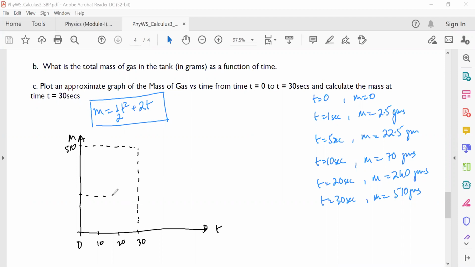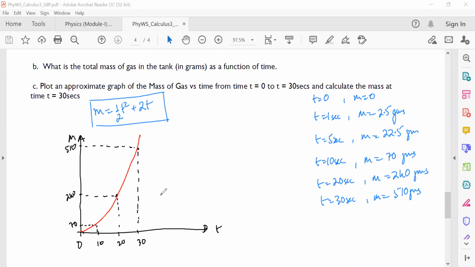Let's say this data point, this data point, and comparatively 70 would be less than 1/3 of this, so somewhere here maybe. And like that, at 1 second, 5 seconds, etc., we have got those values. So basically the shape will be something like this. It's a quadratic curve.